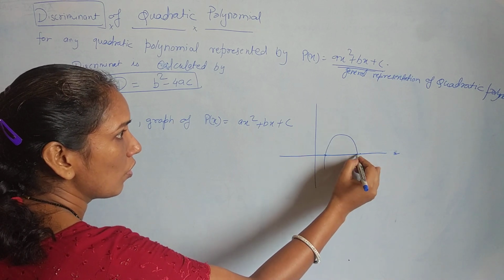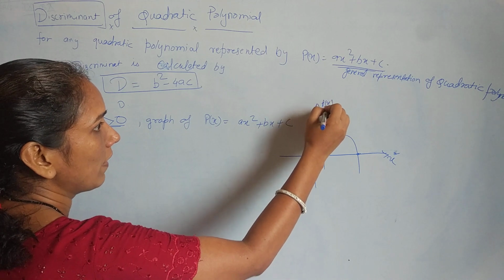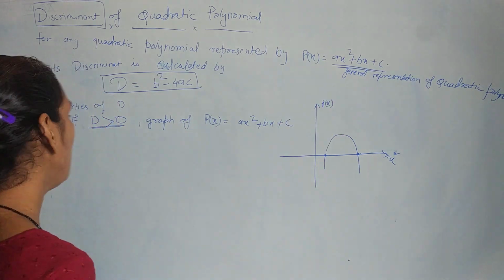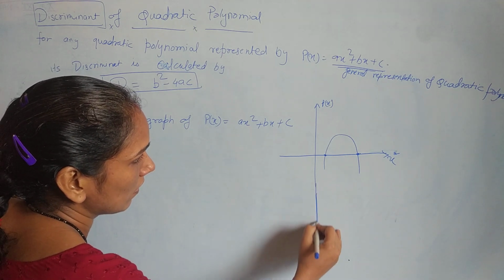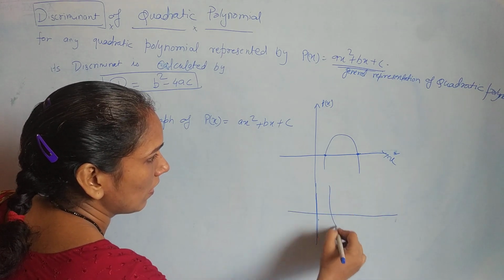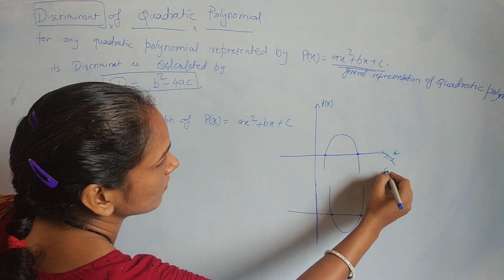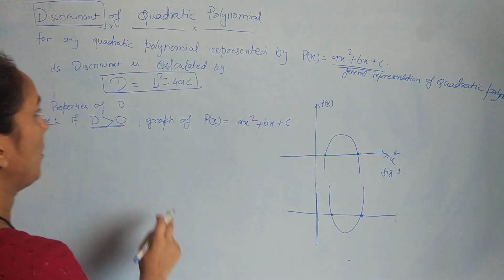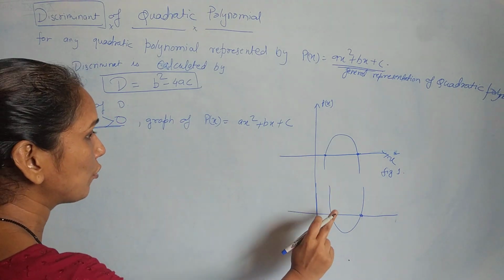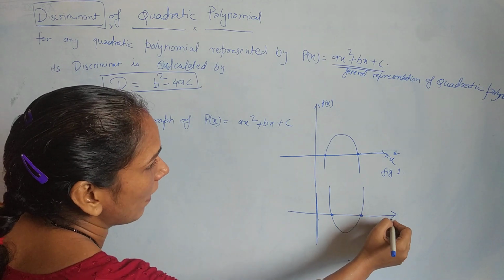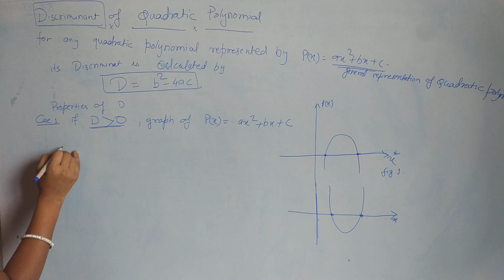On the x-axis, this is my P of x. It can be like this or it can be like this. For D greater than 0, we are going to get exactly 2 distinct points on the x-axis.